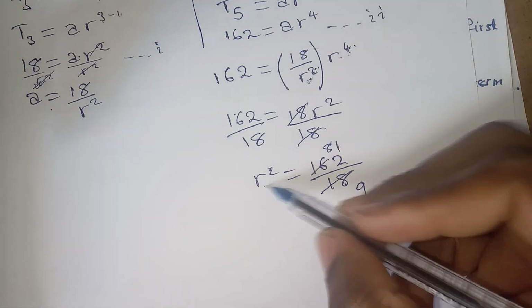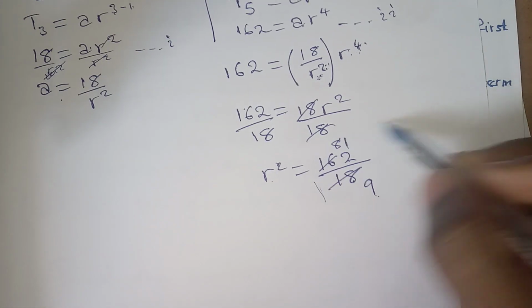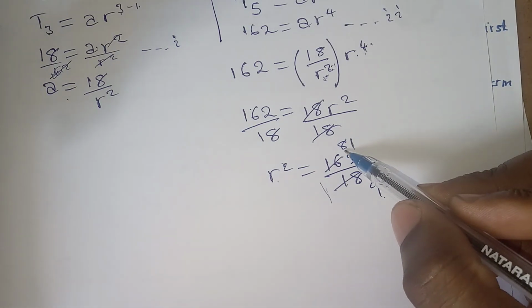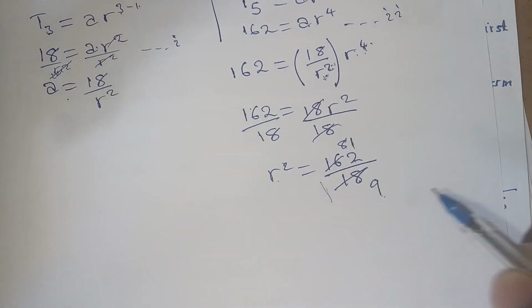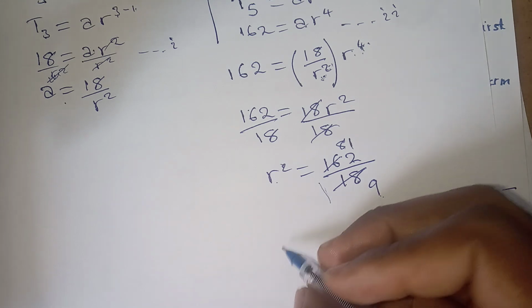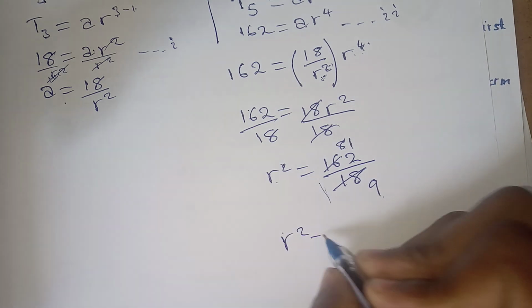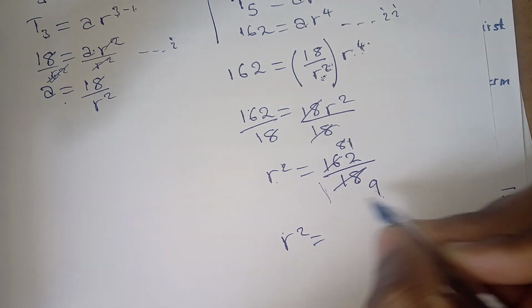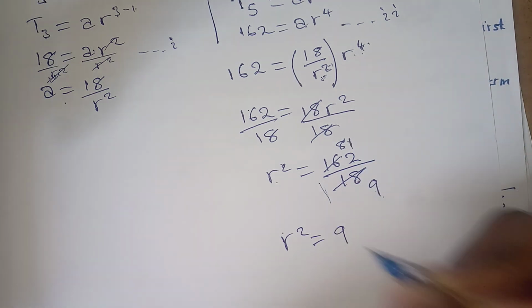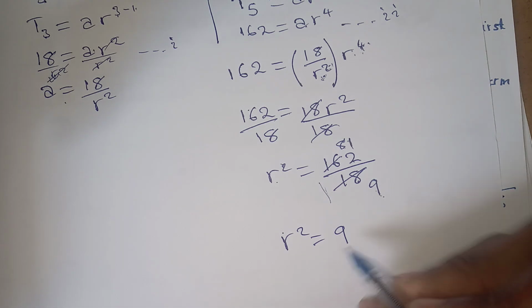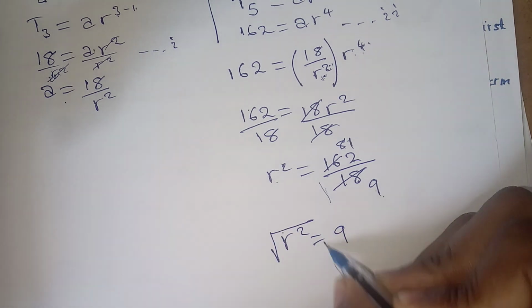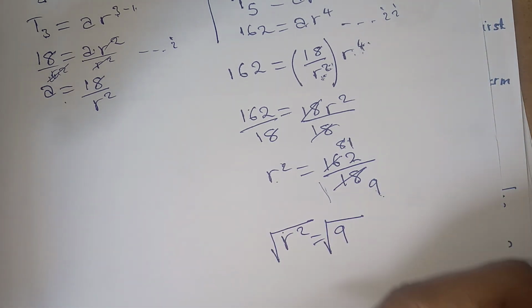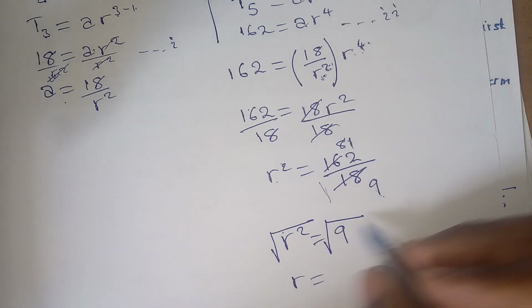Or I can just introduce the square root right there and say the square root of this is 9 and the square root of this is 3. Divide the two and get the answer. But I think the easiest would be to divide this into this. So 9 into 81 is 9. Then to find the value of r, you introduce the square root on both sides.